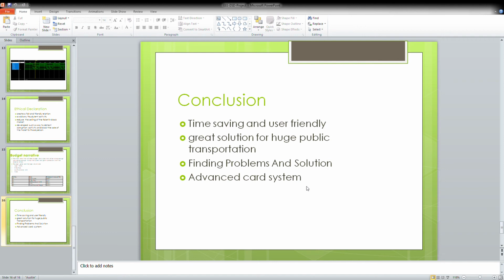We can make a card and put some fixed money on it, like a SIM card, and use it again and again, and we can also recharge the card. This is our conclusion, and this is our report.